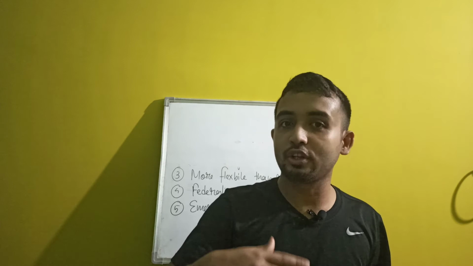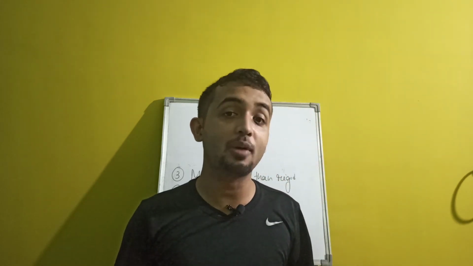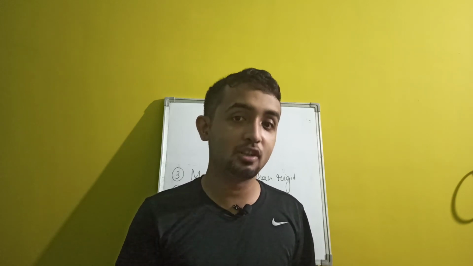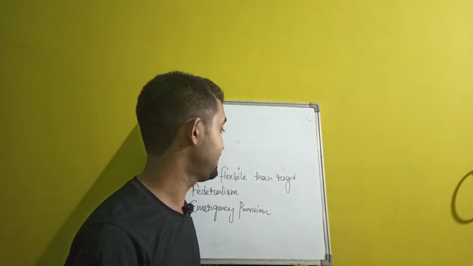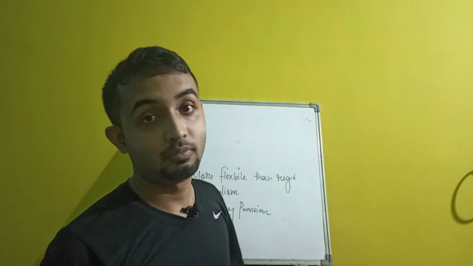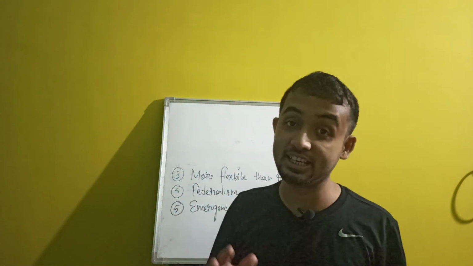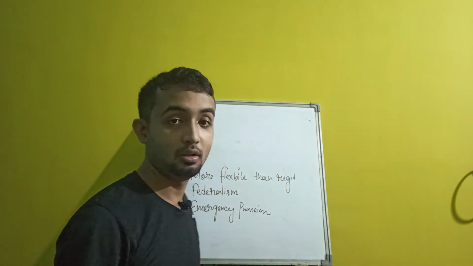Actually, Indian Constitution is rigid because amendment of some provision is tough. That means amendment of some provision in Indian Constitution is tough. That's why it is rigid, and some provisions are easy to amend. That's why it is flexible. Okay.